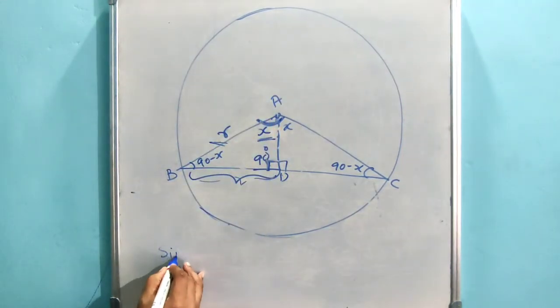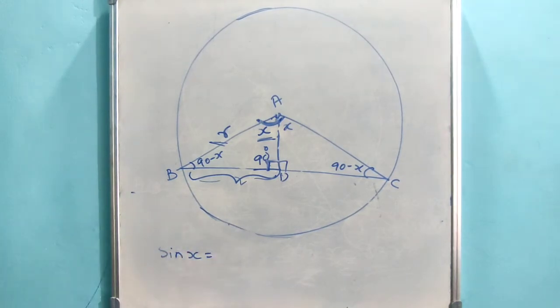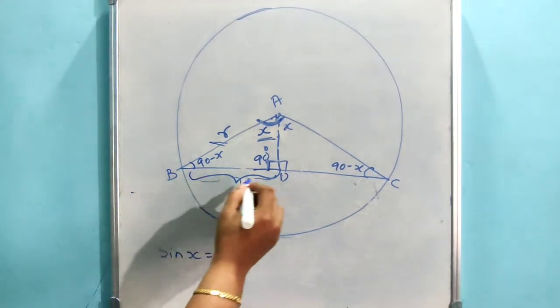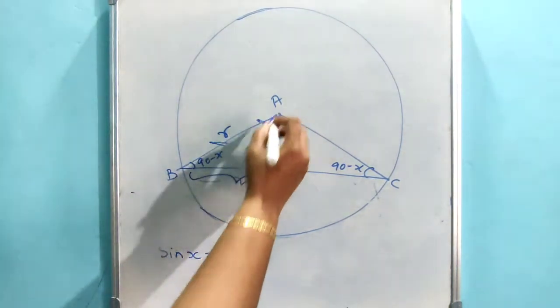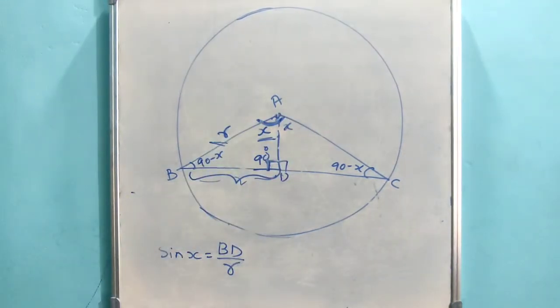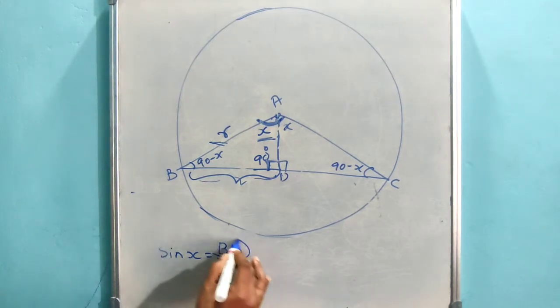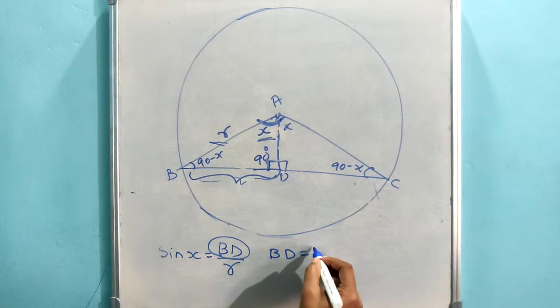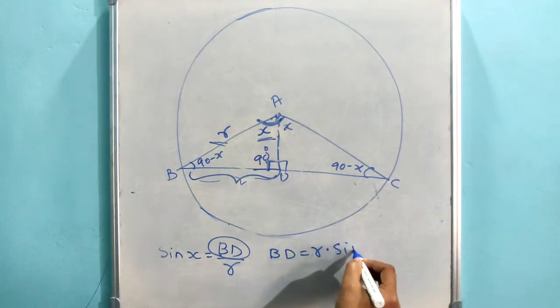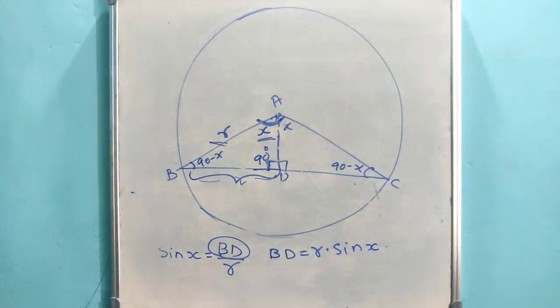Sine x is opposite side by hypotenuse, that is BD by the radius of the circle. From this, what is BD? BD is equal to R into sine x.